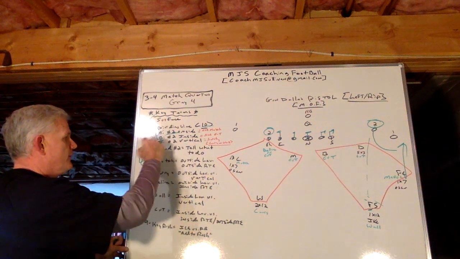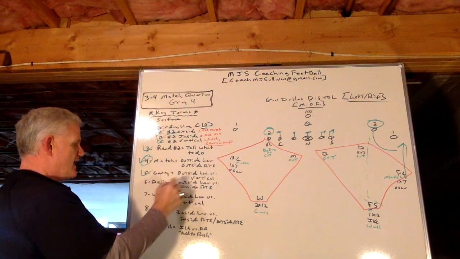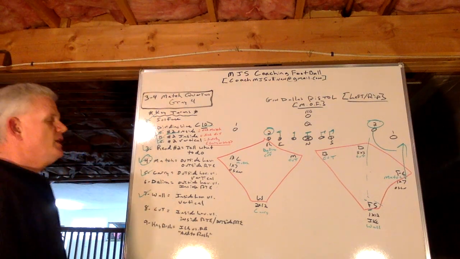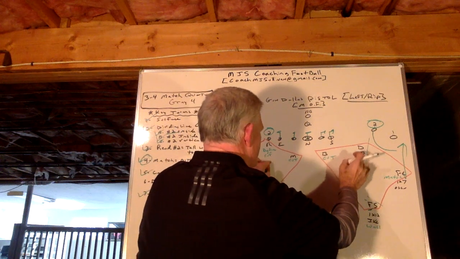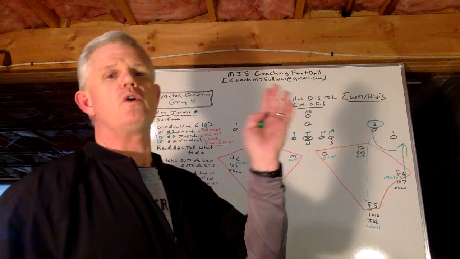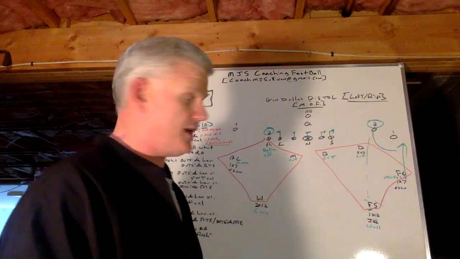So we've covered match, carry, and wall. It's a little bit different here depending on if the outside linebacker is detached or if the outside linebacker is on a tight end.